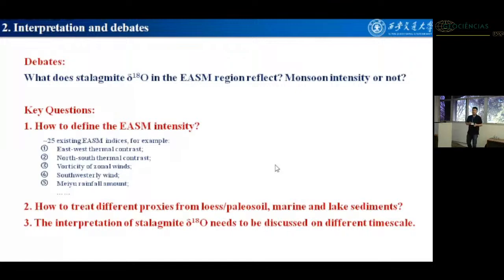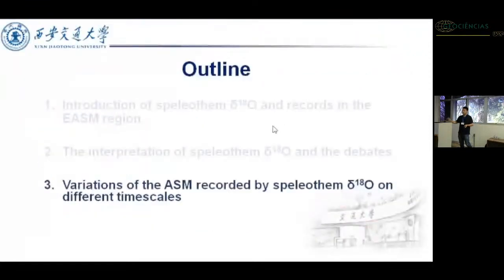So it means on different time scales, the significance of speleothem delta 18O should be different. Okay, following these three questions, I will introduce the variations of Asian summer monsoon recorded by speleothem delta 18O on different time scales.